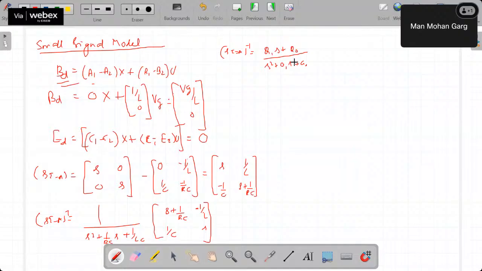So this is the final thing that should come. Now what is step one? Step one is we define Q1, which is nothing but I2, right?